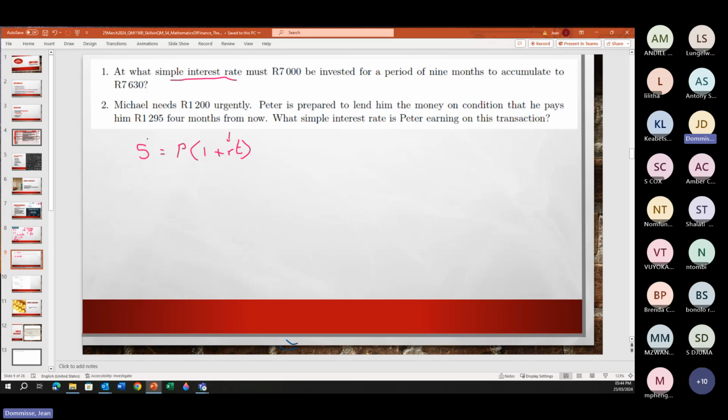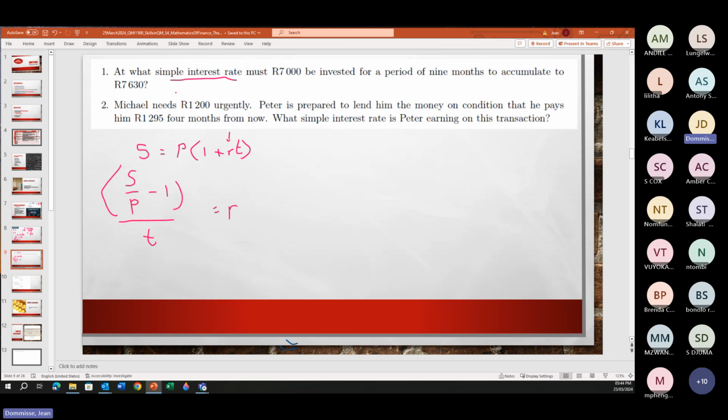Again, some books have S, some books have A, just remember which one you refer to. If you watch some YouTube clips or videos, they might use A, or some of the different ones as well. Okay, so this is the formula that we will need to use when we work out R.